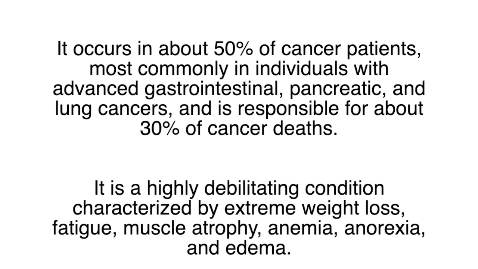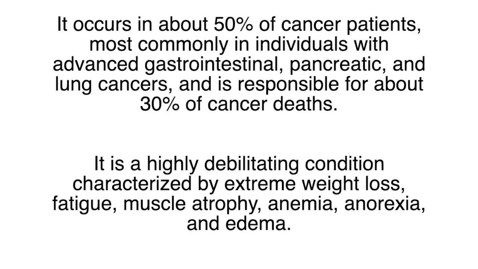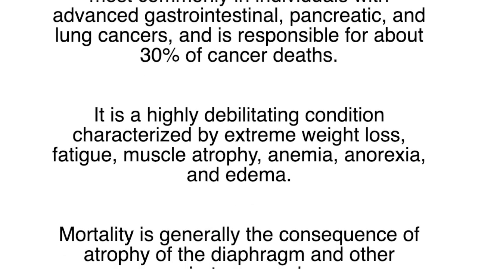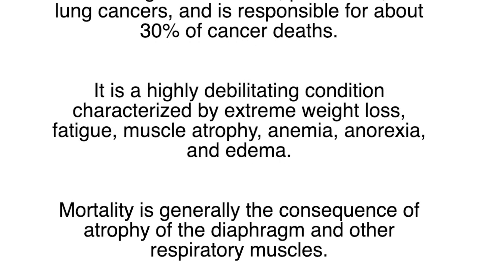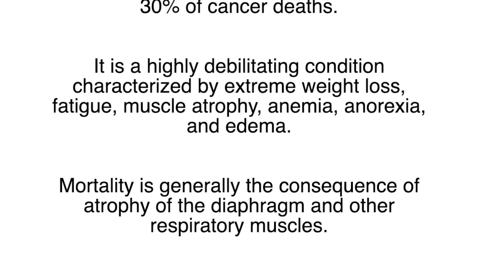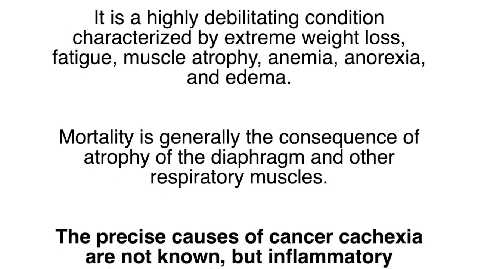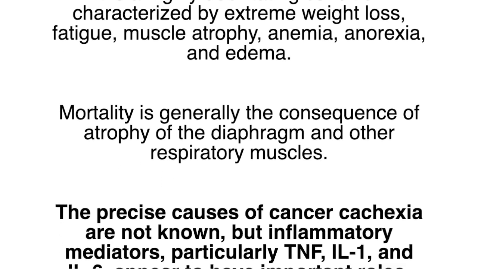It is a highly debilitating condition characterized by extreme weight loss, fatigue, muscle atrophy, anemia, anorexia, and edema. Mortality is generally the consequence of atrophy of the diaphragm and other respiratory muscles.